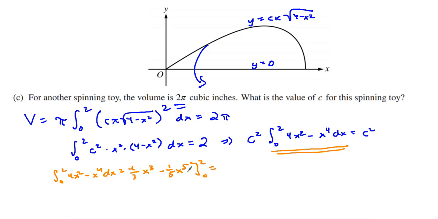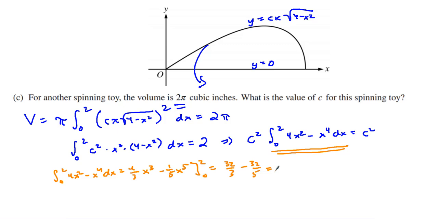So we plug in 2 and we get 2 to the 3rd, it's 8. 8 times 4, that's 32 over 3, minus 2 to the 5th. 2 to the 5th is 32, divided by 5. Minus 0. Everything's 0. So now I need to get some common denominators.